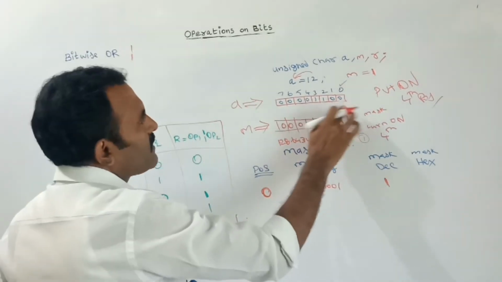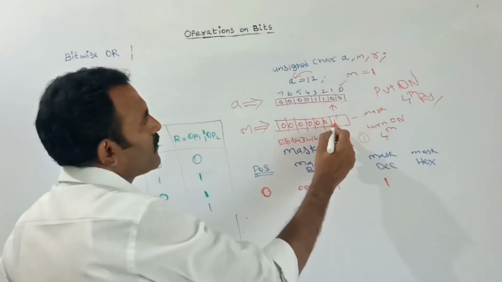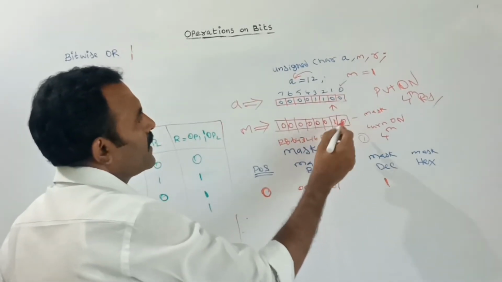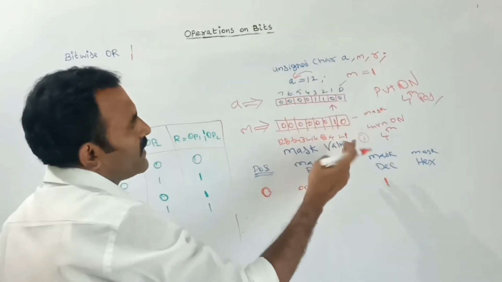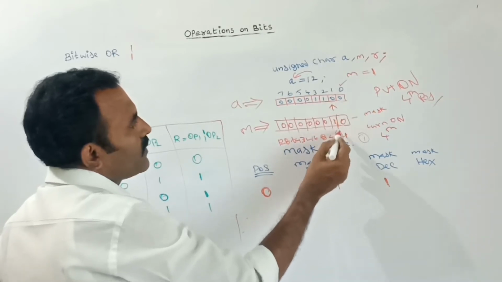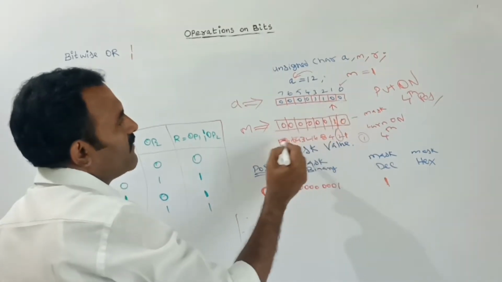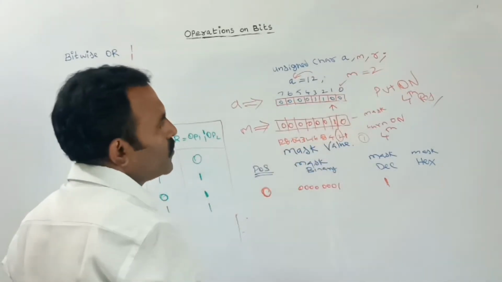Next, the first position. Here the binary value is 1, and every remaining bit value is 0. If you convert it into decimal, 1 into 2 is 2, and every remaining bit value is 0. So the mask value is 2.